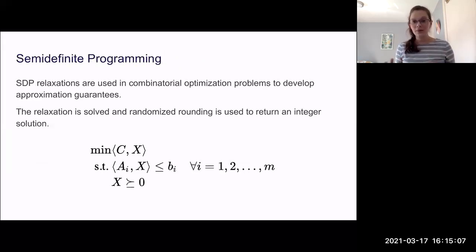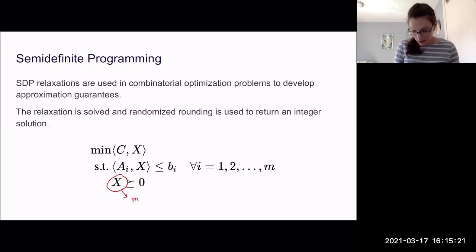So semidefinite programming, I've mentioned it a couple times now. And what exactly is that? It's a type of optimization problem. A semidefinite program is an optimization problem where the variable is a semidefinite matrix.